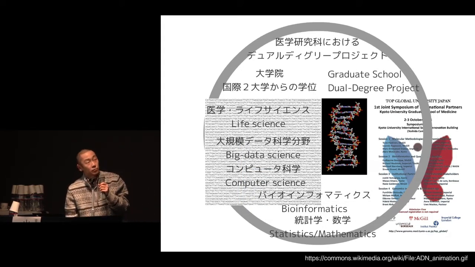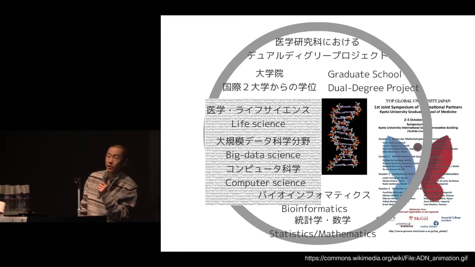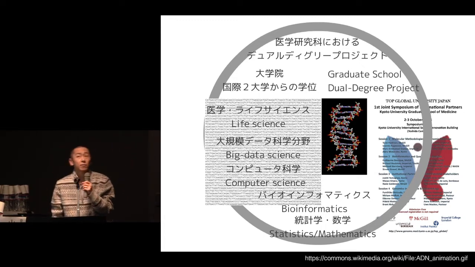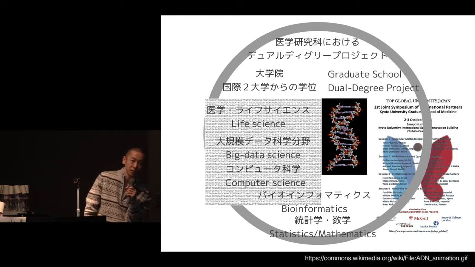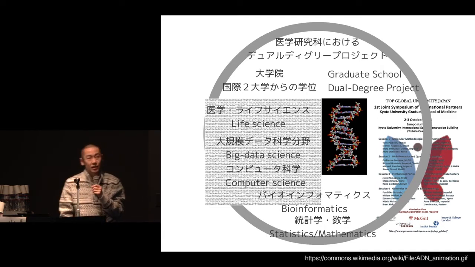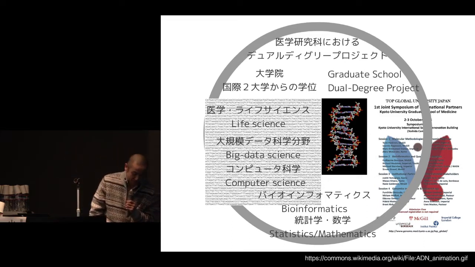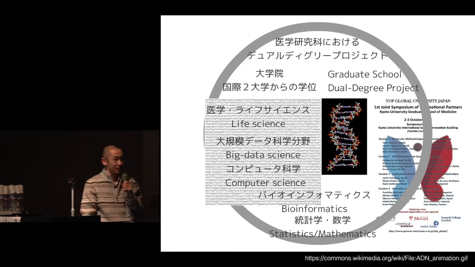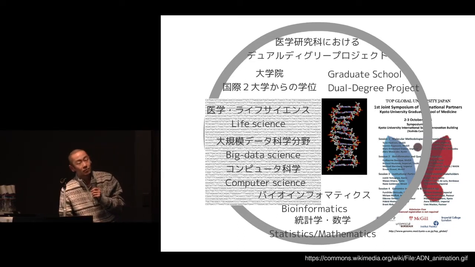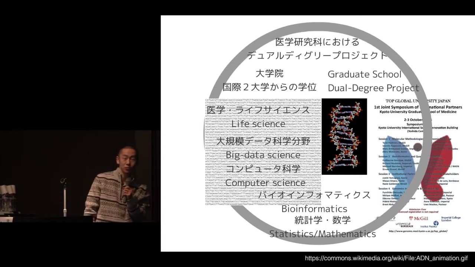This is actually the program in which we are located, SCU, Super Global. What is your aspiration? You enter Kyoto University, you will get the degree, and the logo is based on the camphor tree. But not just graduation from this university, we would like to have dual logos.